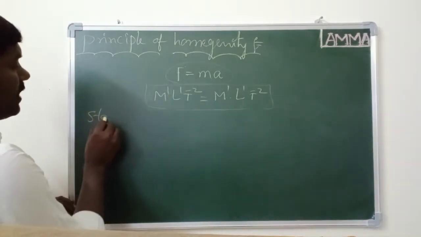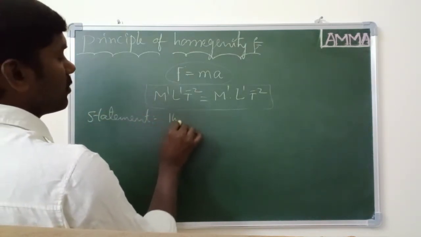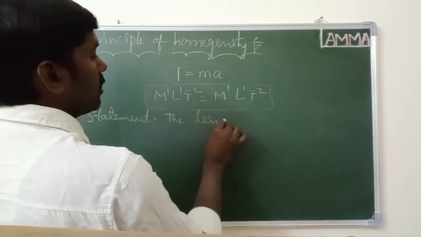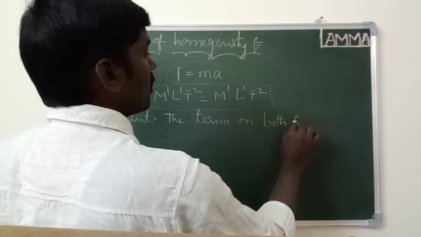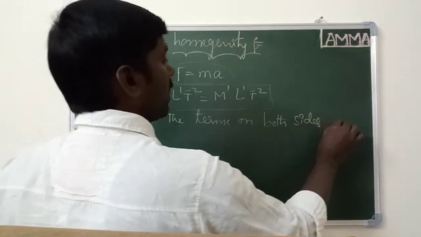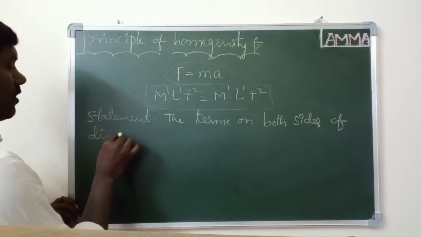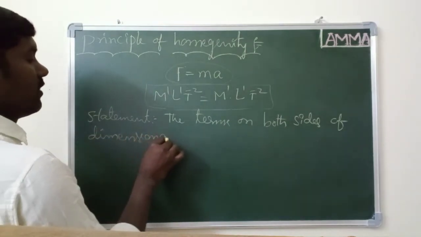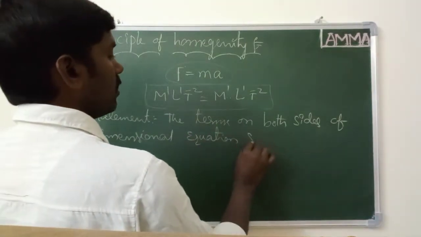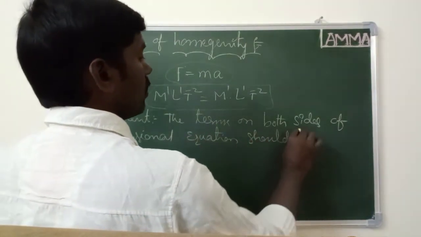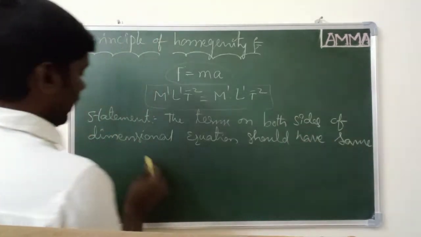The statement is: the terms on both sides of a dimensional equation should have the same dimensions.